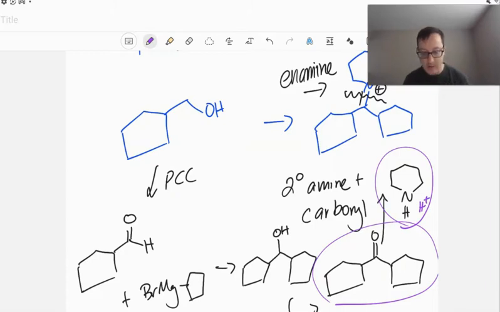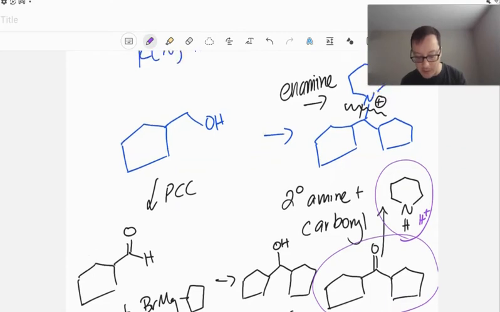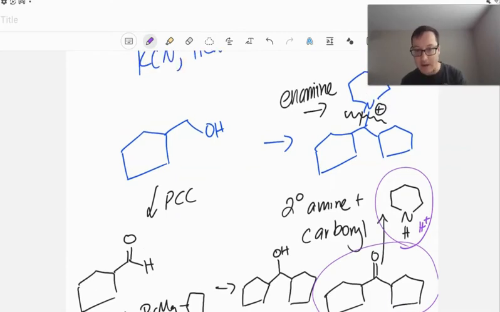It's just that an enamine has to be made from a secondary amine and a carbonyl. That's what it's made from. So that's why we know which amine we need and which carbonyl we need. We break those apart right at that squiggly line. And so we say, well, that's where the amine part comes from, and the other half of the molecule is the carbonyl part.